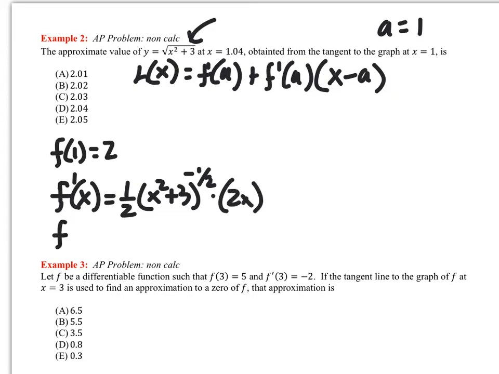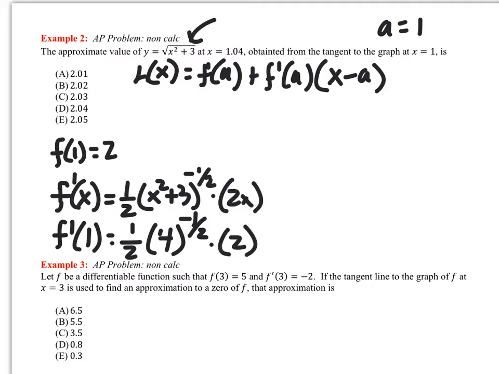So f prime of 1 would equal 1/2 times 4 to the negative 1/2 times 2 times 1, which is 2. So these 2's will cancel, and 4 to the negative 1/2 power is equal to 1/2.